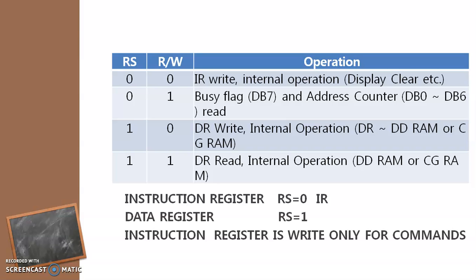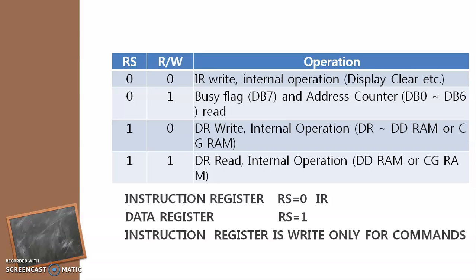So this is an instruction write, an internal operation like display clear, entry mode command, like that. Next, 0, 1: again the instruction register is accessed, but now it is a read operation, because R/W bar is now 1.